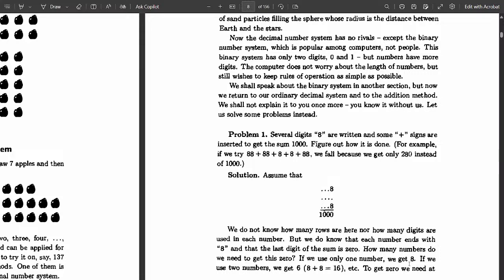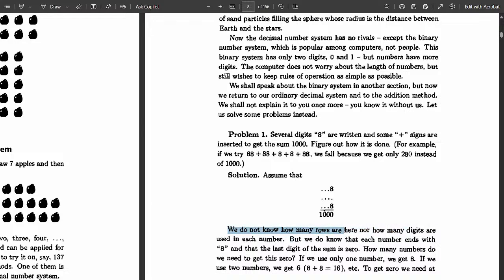At least we need 10 eights to get 8 at last. Maybe 5 eights. We need at least 5 eights, because 5 multiplied by 8 is 40, so we need 5 eights here.